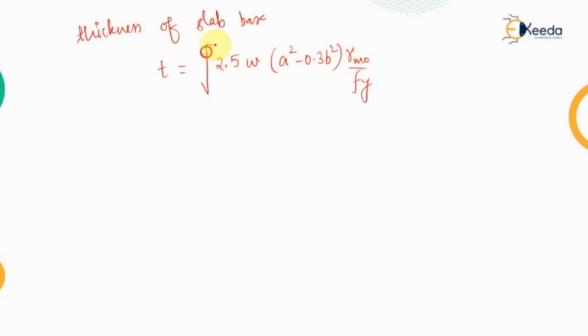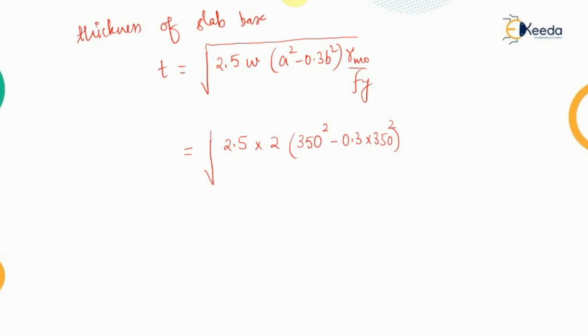Now since we have all the values with us, placing the values one by one, we will get 2.5 into the intensity of the bearing pressure, that is 2 Newton per square millimeter, while the overhang is 350 millimeter on one side, minus 0.3 into 350 square millimeter on the other side, into gamma m0.